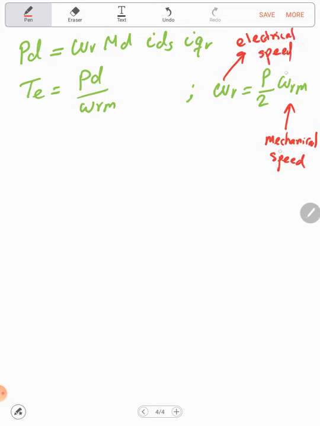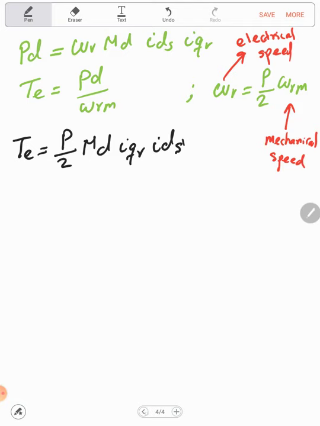The mechanical speed is the actual speed, the shaft speed, the speed that we can see. The electrical speed is the speed of the electrical signal. So TE will equal P over 2 MD IQR IDS.